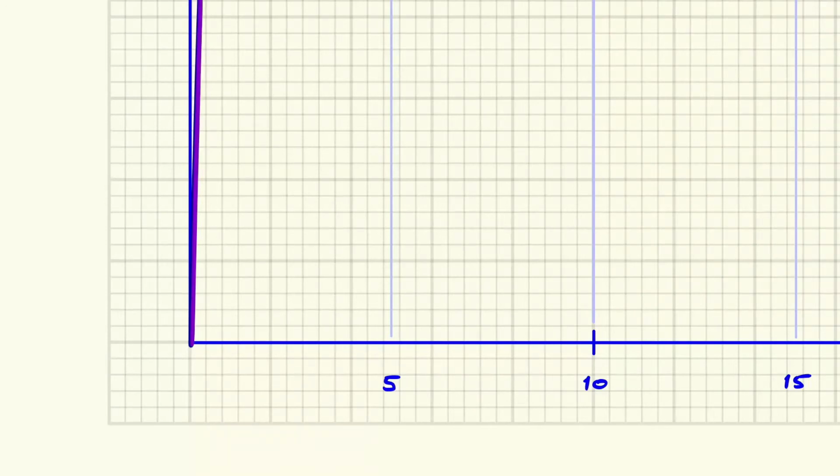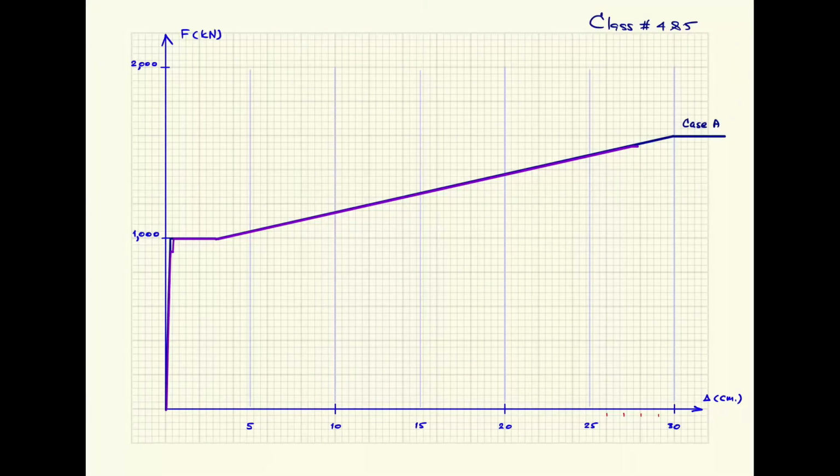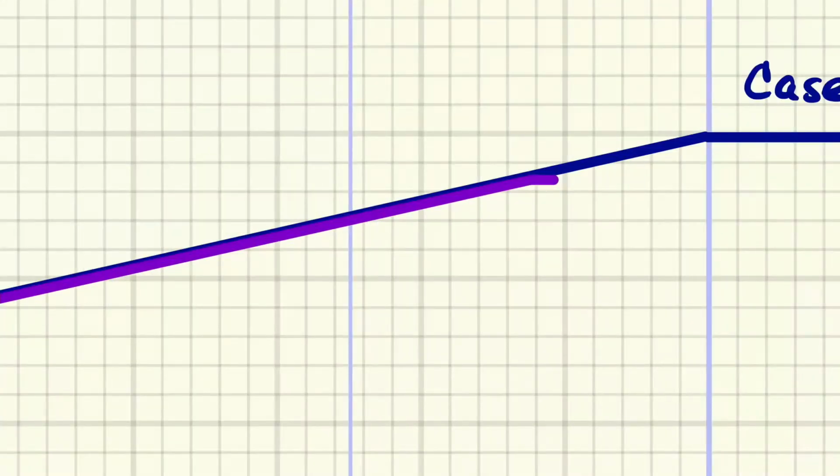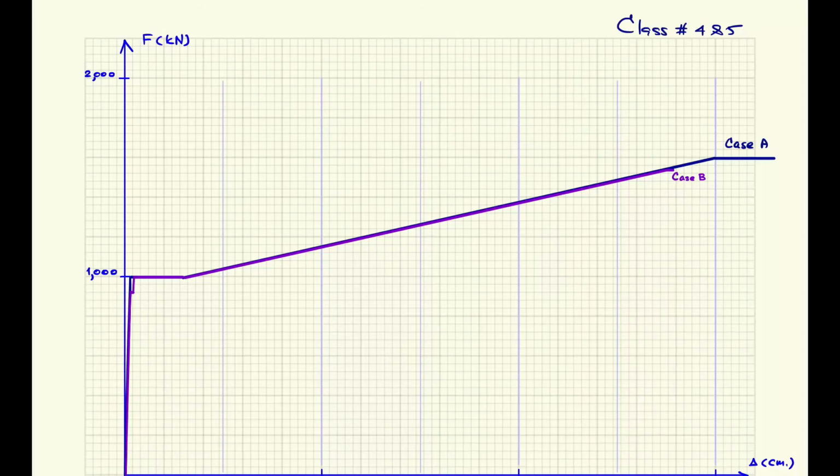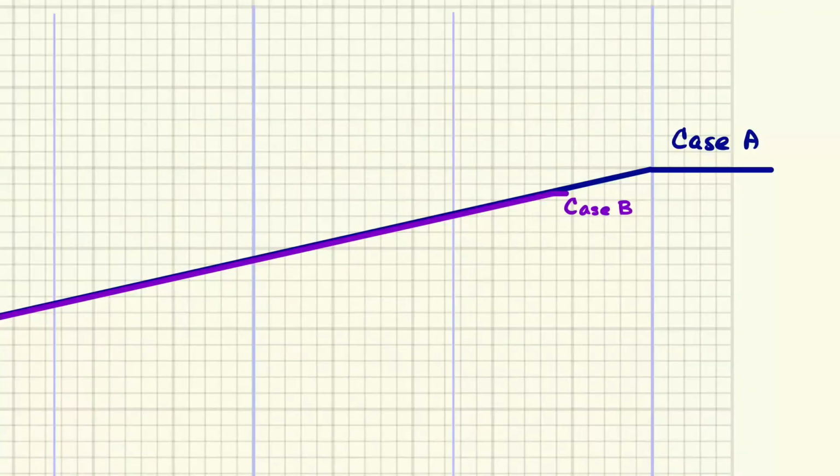Okay, good. This is case B. A little too small.